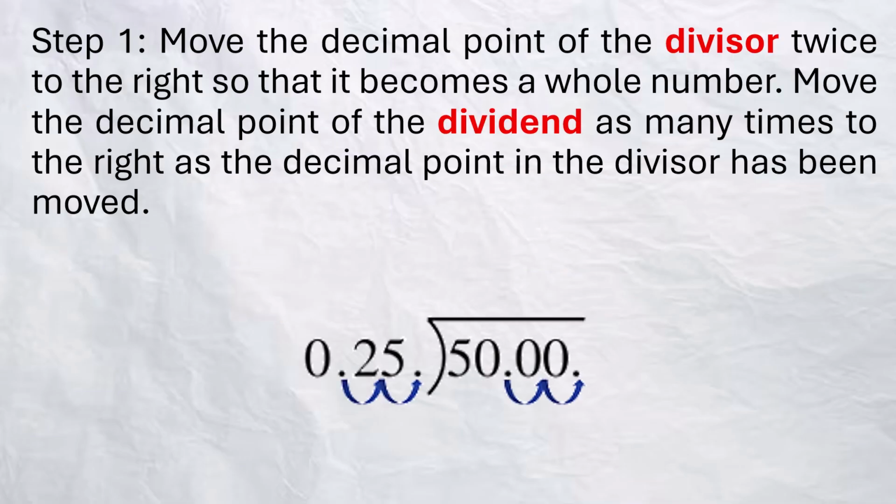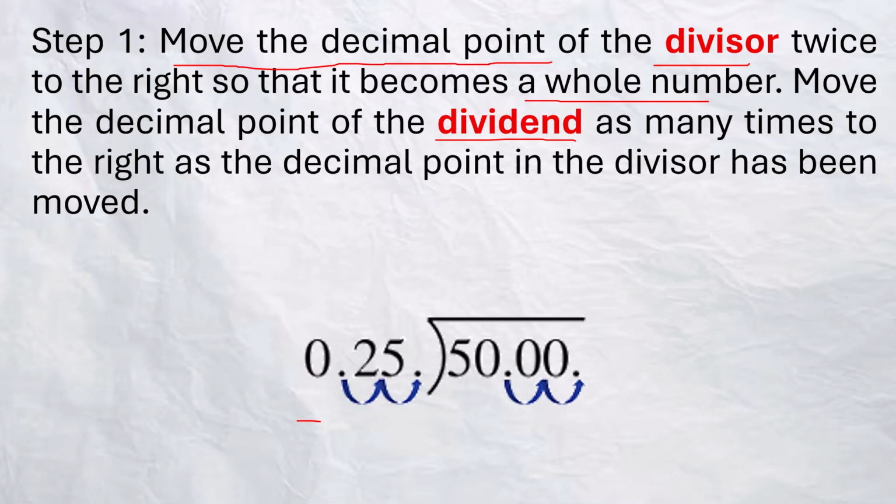So here are the steps that we need to follow. Step 1 is we have to move the decimal point of the divisor twice to the right so that it becomes a whole number. Also, move the decimal point of the dividend as many times to the right as the decimal point in the divisor has been moved. As you can see here, the equation given a while ago is 50 divided by 0.25.